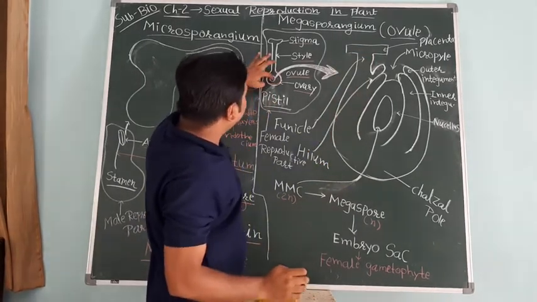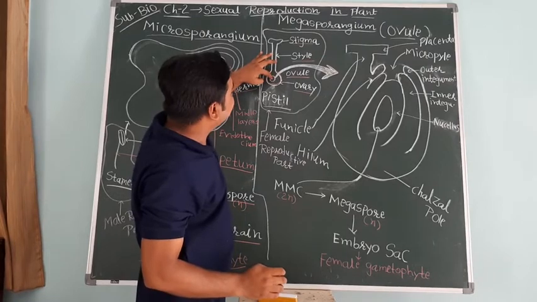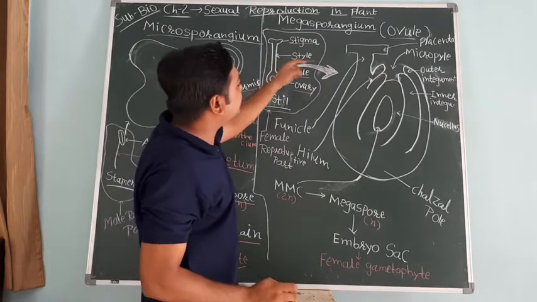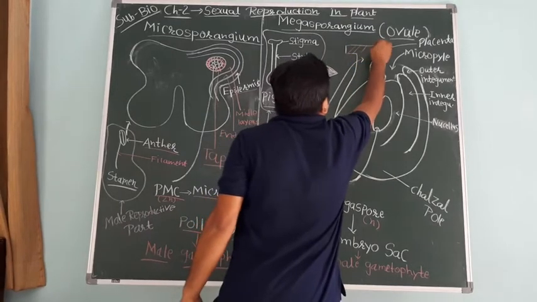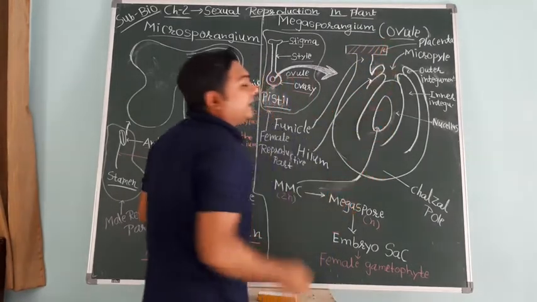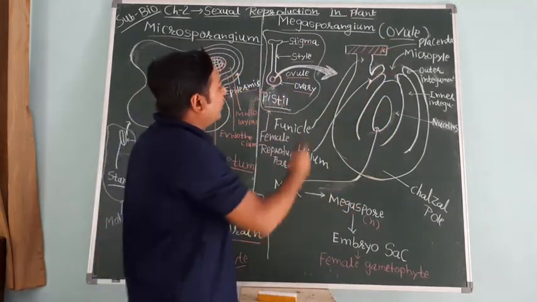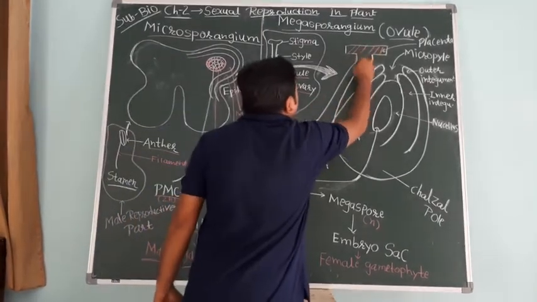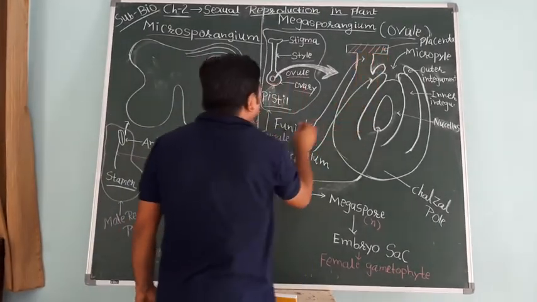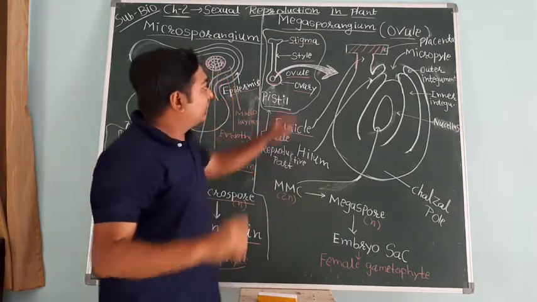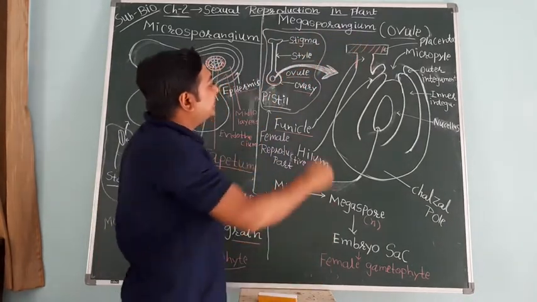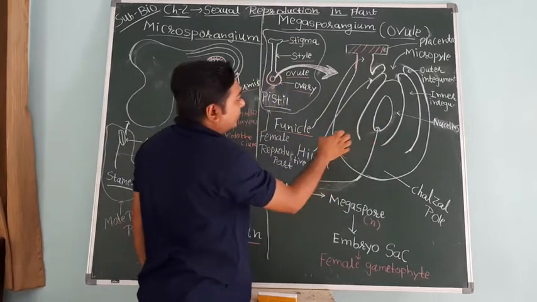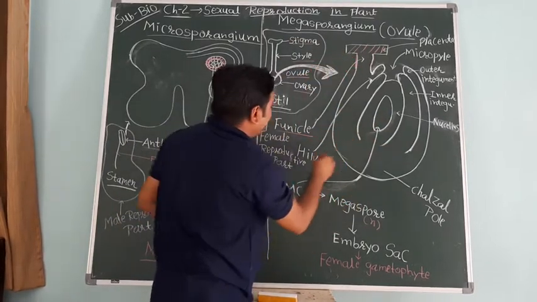Inside the ovary, the ovule is attached to the ovary by a special structure called the placenta. This part is the placenta, which helps attach the ovule inside the ovary, and below the placenta there is a stalk-like structure called the funicle. The stalk-like structure that attaches with the placenta is called the funicle, and this is the megasporangium. The other part is the hilum.